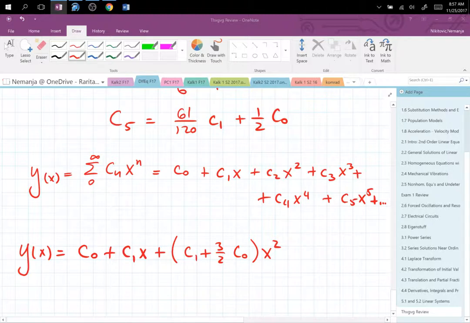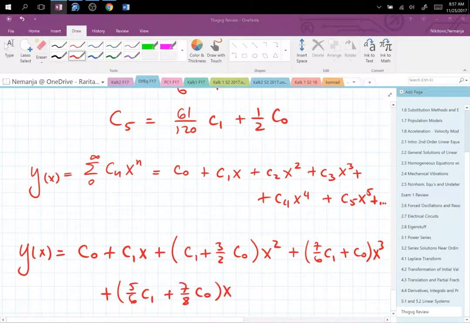Plus, instead of C3, what do we have? 7 over 6 C1 plus C0, times x cubed. Plus, what do we have for C4? 5 over 6 C1 plus 7 over 8 C0, and that's x to the 4th. Plus, and now instead of C5, we have 61 over 120 C1 plus 1/2 C0, times x to the 5, plus dots. It goes forever.